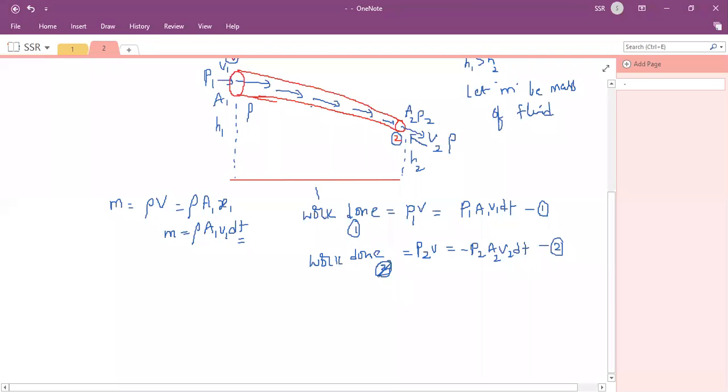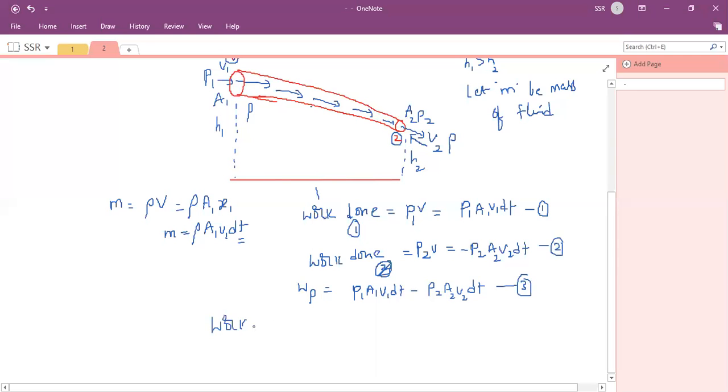Then the total work due to pressure, W_P, is P1 A1 v1 dt minus P2 A2 v2 dt. Equation number 3. Then there is also a height difference from h1 to h2, because h1 is greater than h2. If there is a height difference, the liquid comes from high altitude to low altitude, so there is work done by gravitational force.